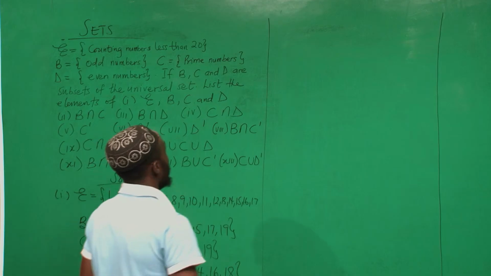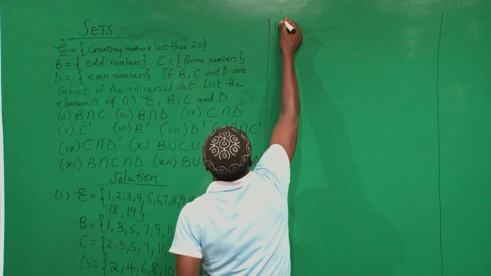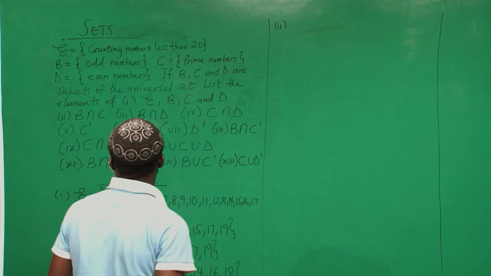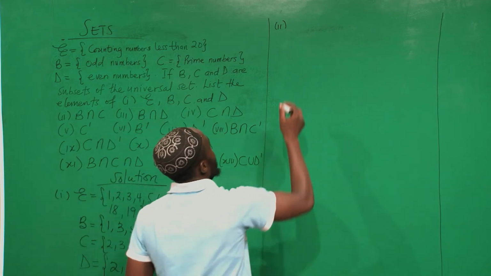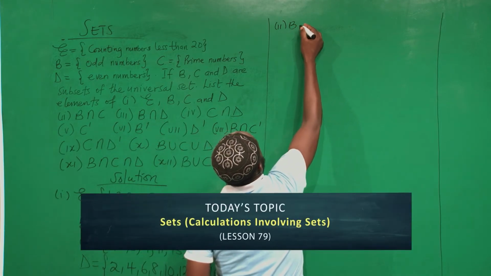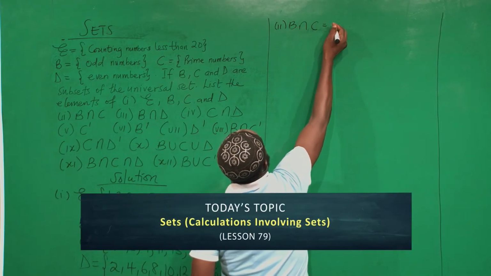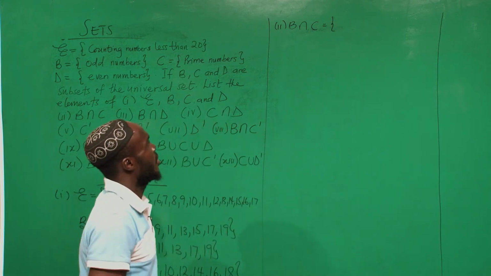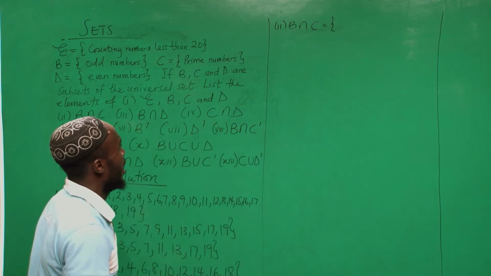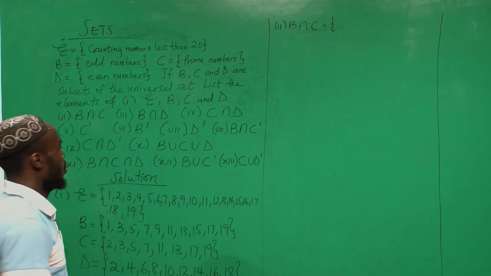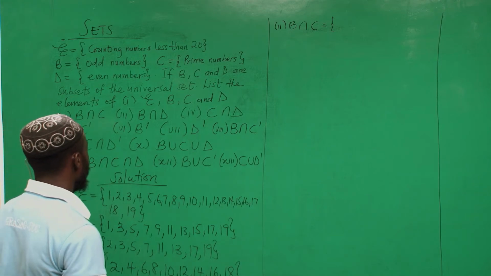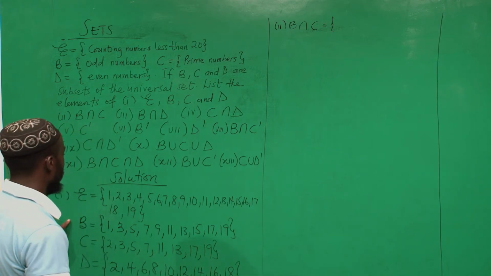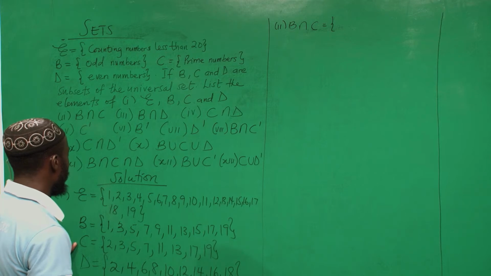When we move on to II, we said B intersection C. What does intersection mean? Intersection means elements that are common to both sets. So this is our B, this is our C. What elements are common?